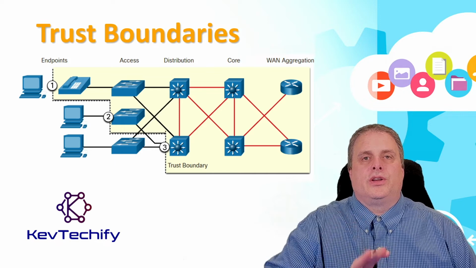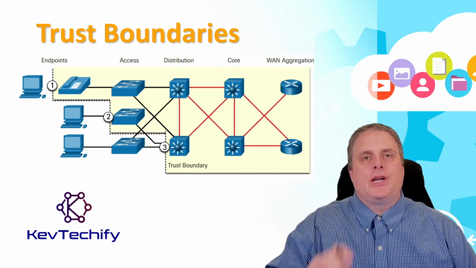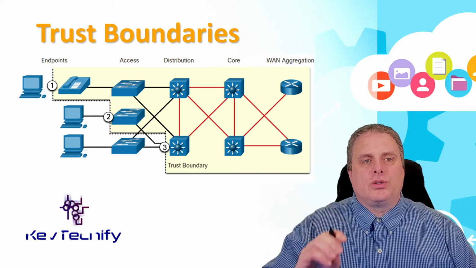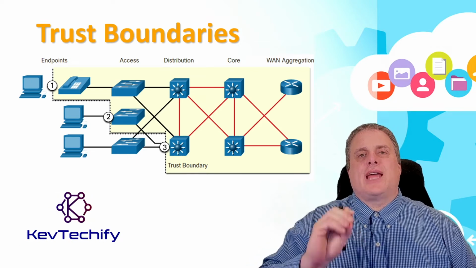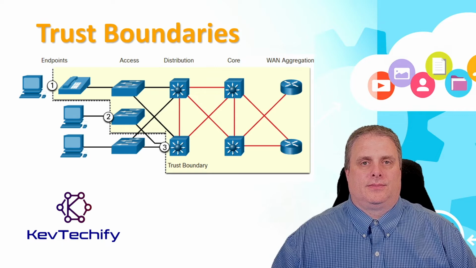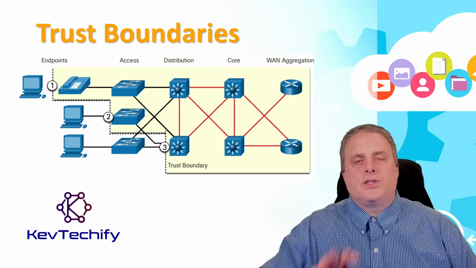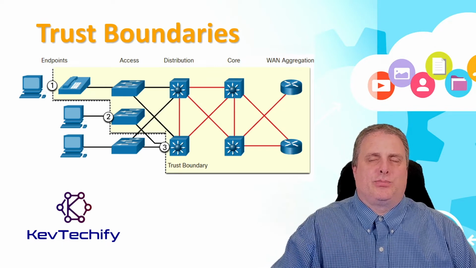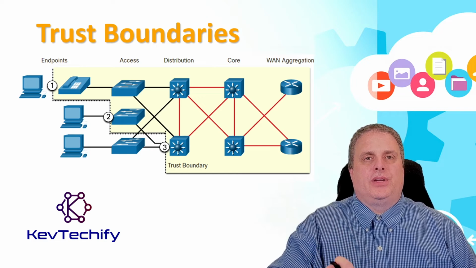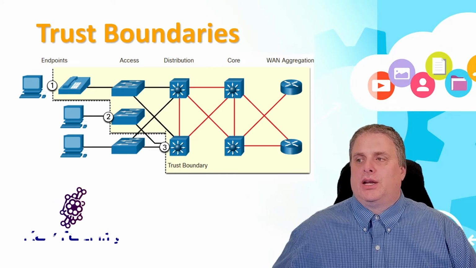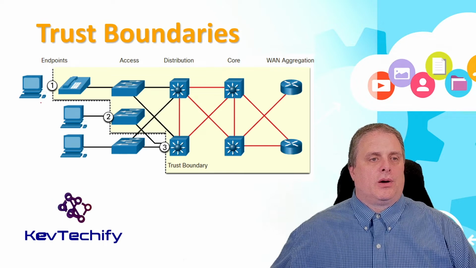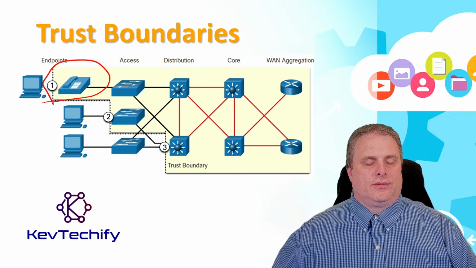When you set up quality of service, marking should happen as close to the trust boundaries as possible, as close to the source as possible. Voice over IP phones and access points have the capability of marking your traffic with quality of service, like shown right here with number 1.